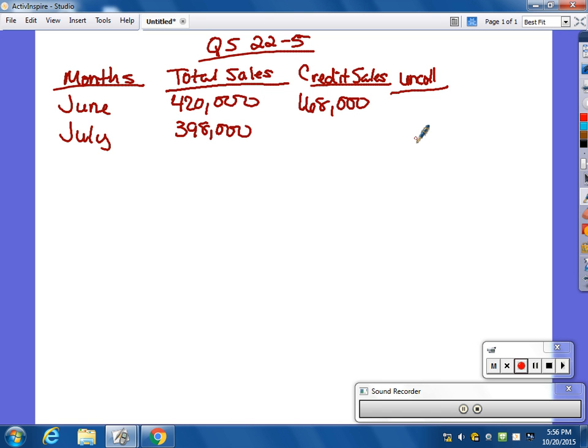I'm just really trying to figure out how are y'all missing this? You've had since last week when I saw you to get this. It's literally right there in your face. I'm asking what percent did we not collect in June? We did collect 80% of the credit sales. Where are you getting 80%? Where are you getting 70%?